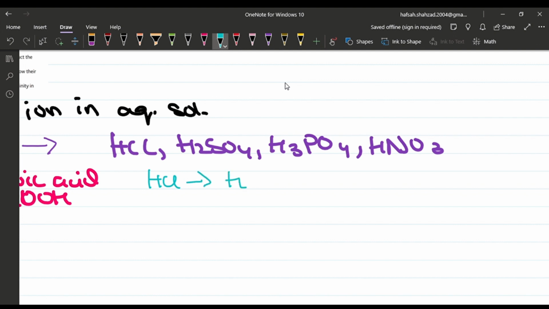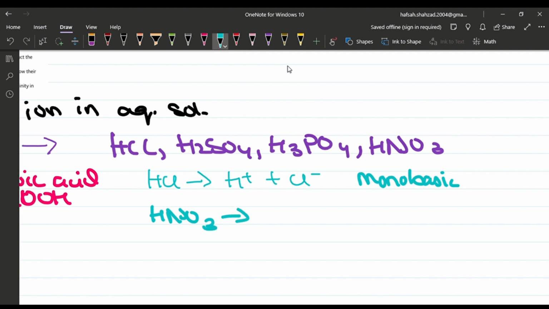HCl will only give 1 mole of hydrogen ions, therefore it's known as a monobasic acid. Nitric acid again gives only 1 H+ in aqueous solution, so we have H+ and NO3-. So it's also a monobasic acid.